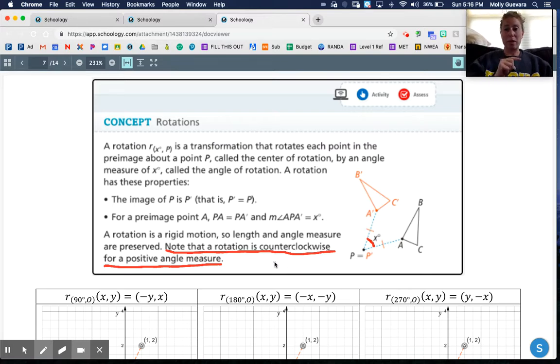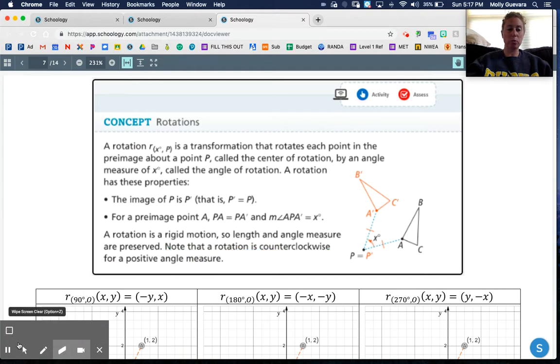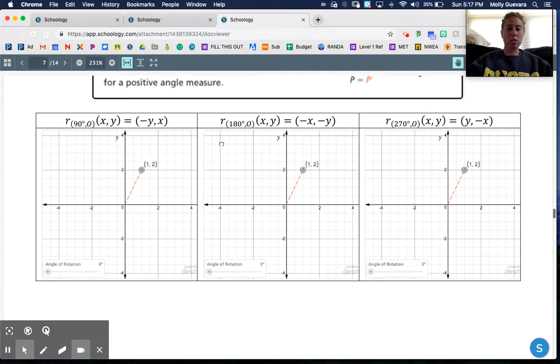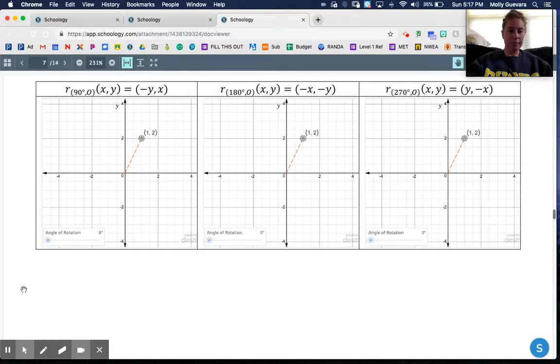The opposite way that a clock hand moves. If I ask you to rotate negative 90 degrees, now you're going to be going 90 degrees clockwise. So positive angle measure is counterclockwise, and that's super, super important. So let's look at what this means for us.